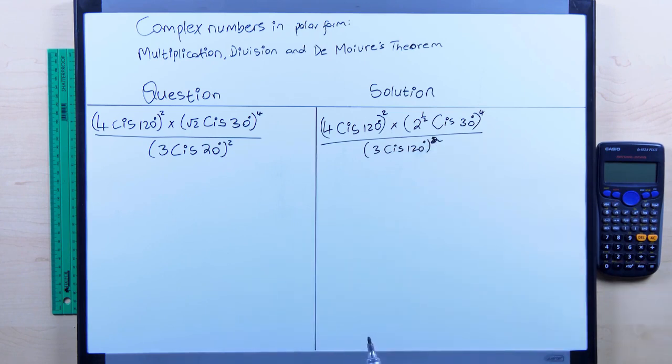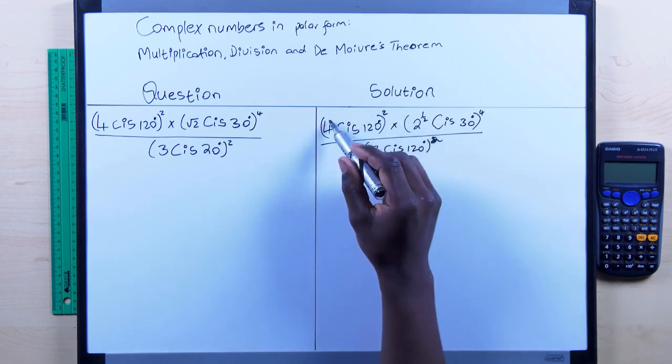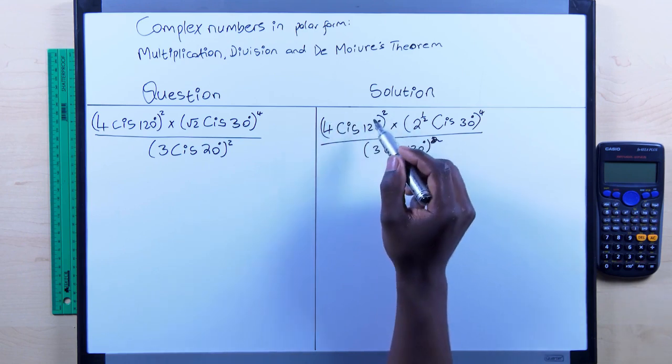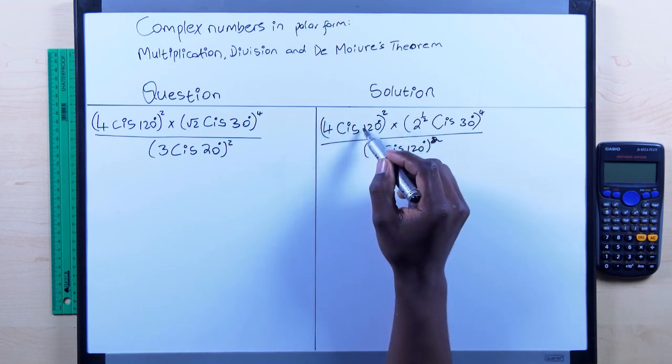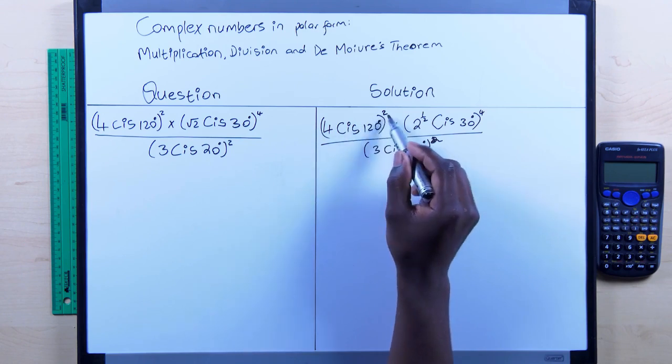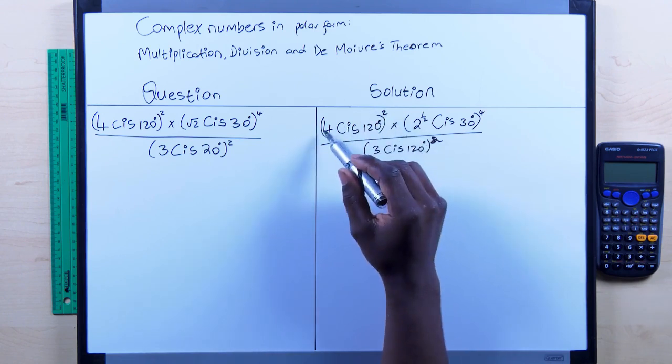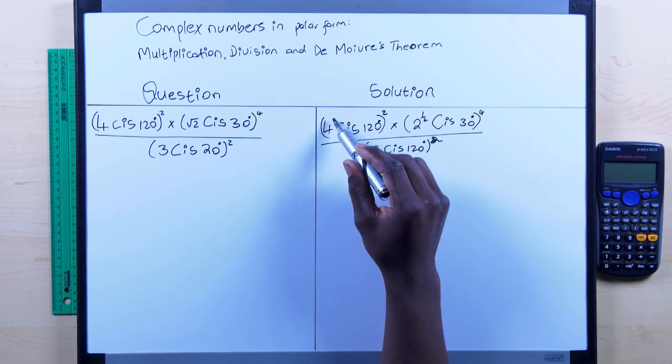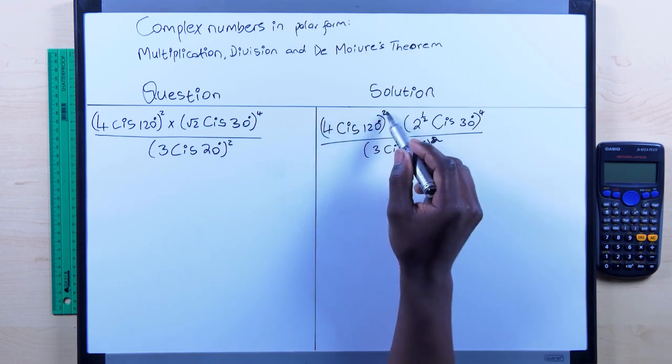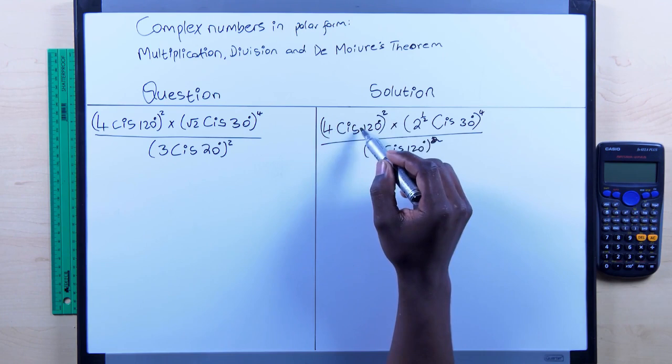What is next for us then, we're going to have to bring the power down to the coefficients, and then we multiply by the power on the degrees, on the angles. So the power comes down, raised as an exponent to the coefficients, and the exponent multiplies the angle.